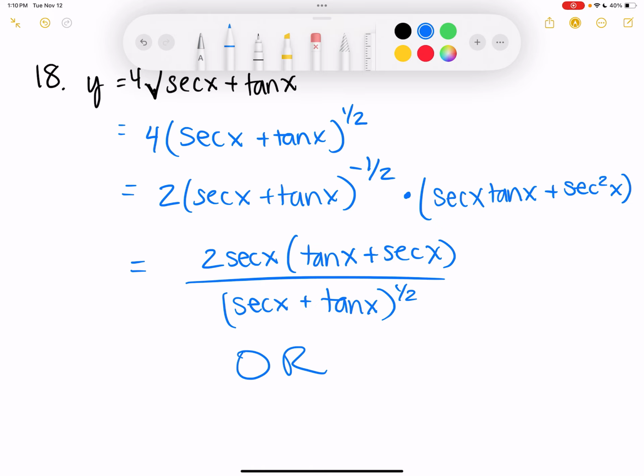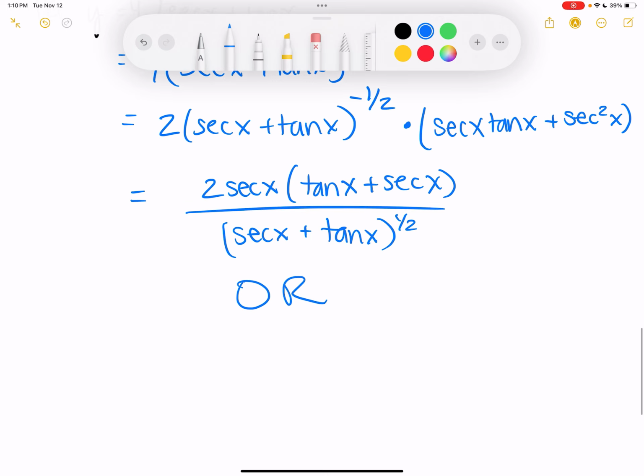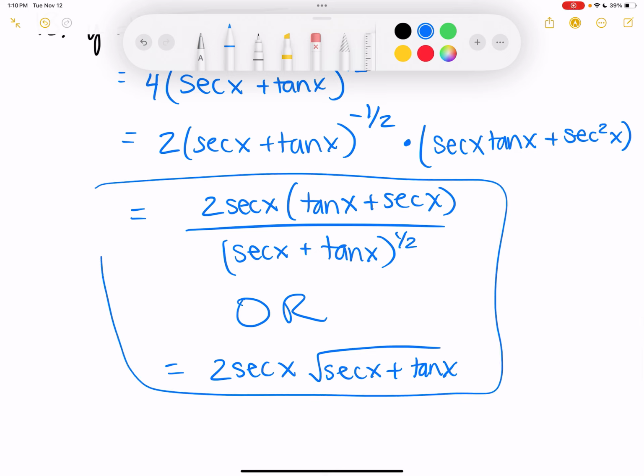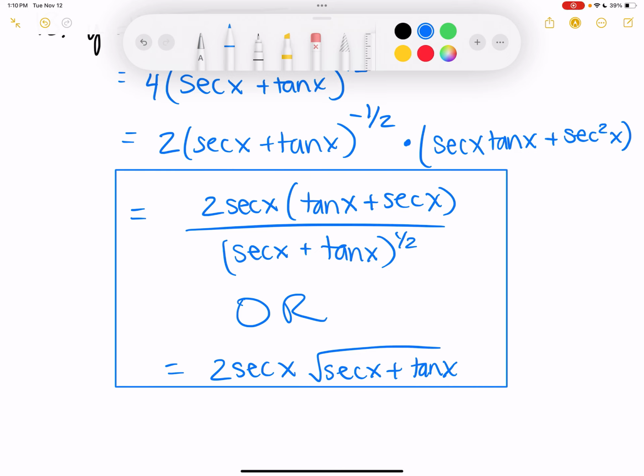I love subtraction. So if I did that, I would get 2 secant of x times the square root of secant of x plus tangent of x. And either would be sufficient.